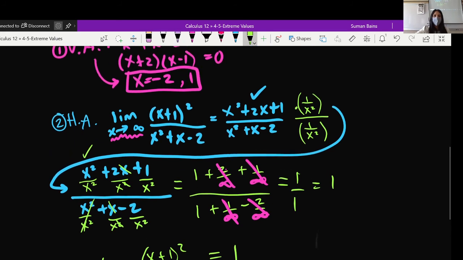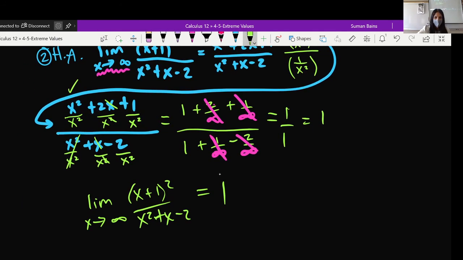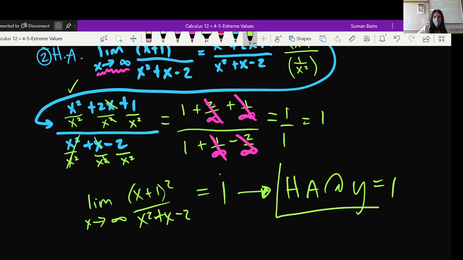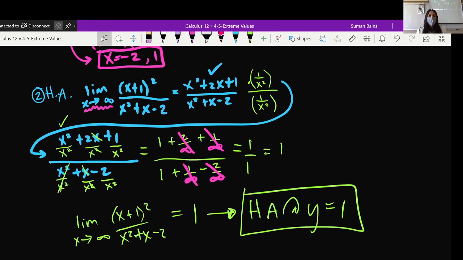And why did we do that? Because we were looking for all of the asymptotes. So that tells me I have a horizontal asymptote at y equals 1. Does that make sense so far?